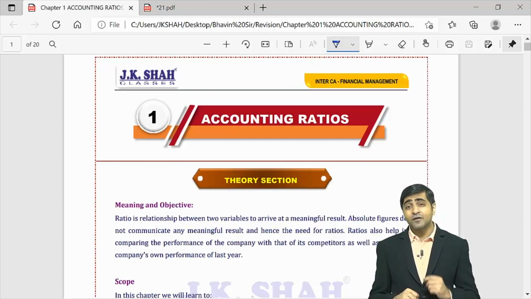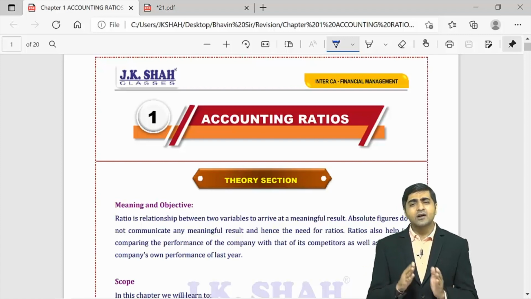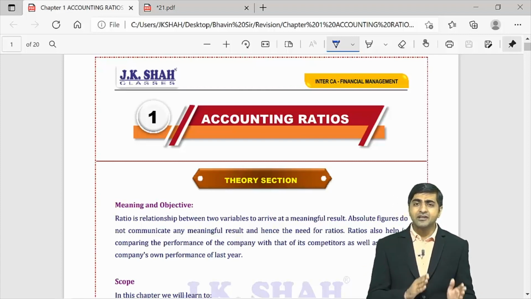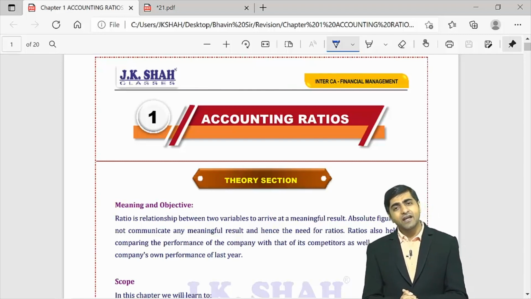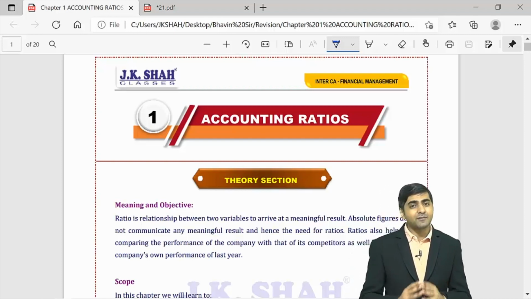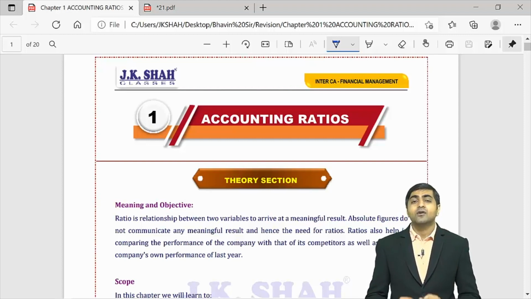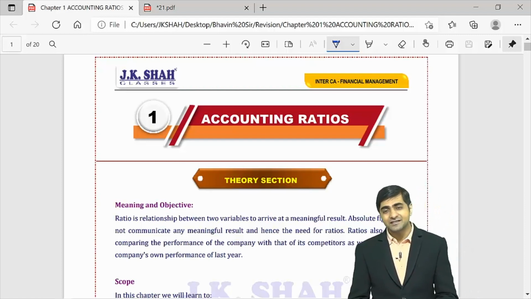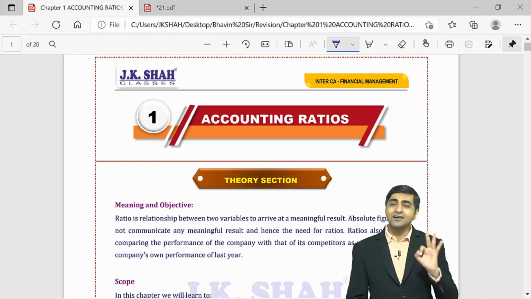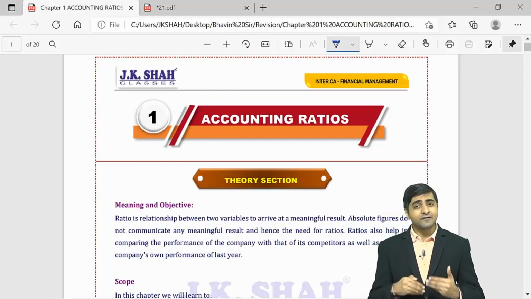So that will be your first type of question, where P&L or income statement and balance sheet will be given to you, and then we have to calculate different types of ratios based on the data available. The second type of questions are where the ratios will be given to you and you have to prepare the financial statements. And guys, the third type of questions are nothing but analysis of the different types of ratios and interpretations of the ratios.